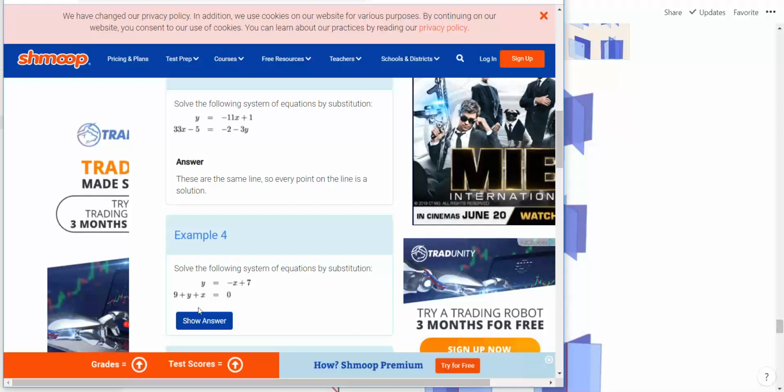So that's not, is there a negative sign in front of the 7? No, it's not. So 9 plus 7, it will be plus 6. So let's do 16 minus x plus x equals 0. This has absolutely no solution. Don't tell me it's in the same line. The system has no solution.